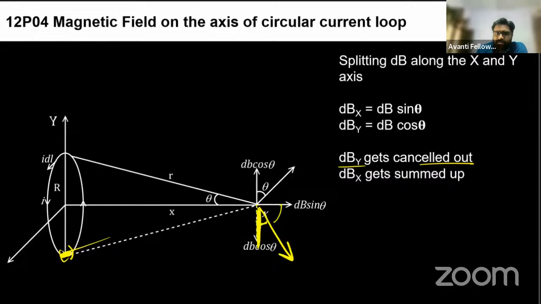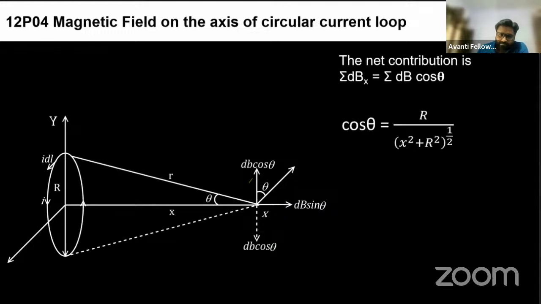So this component would be cancelled by this component and this would happen for all, the same thing. ठीक है, so the vertical component would vanish out, only the horizontal component will be summed up. ठीक है, the net contribution is sigma dBx will be sigma dB cos of theta summation, or you can also replace this with integration.